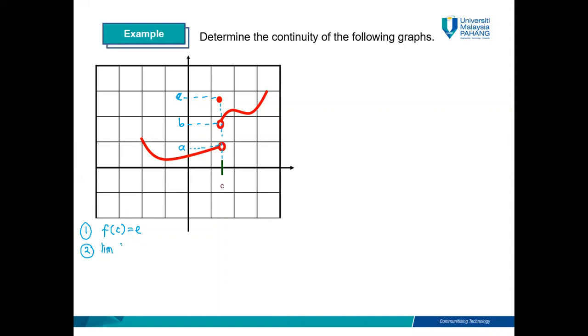So limit of fx when x approaches to C from left, okay, you akan dapat A. Limit of fx when x approaches to C from right. So, limit kiri tak sama dengan limit kanan. That's mean limit of fx when x approaches to C does not exist lah sebab limit kiri tak sama. Since 2 pun dah fail, properties number 2 fail.